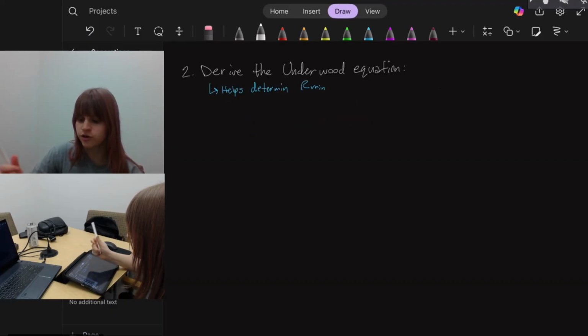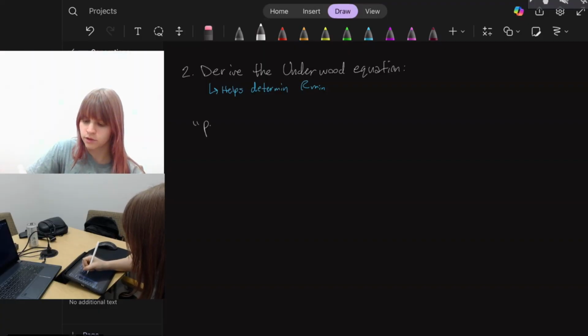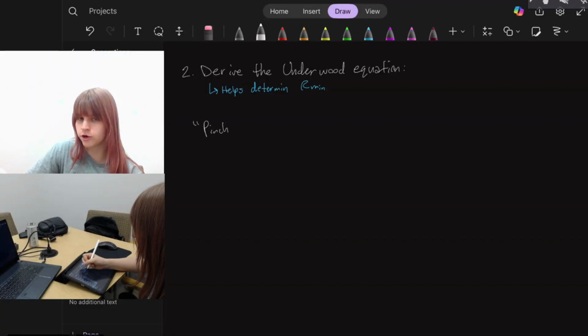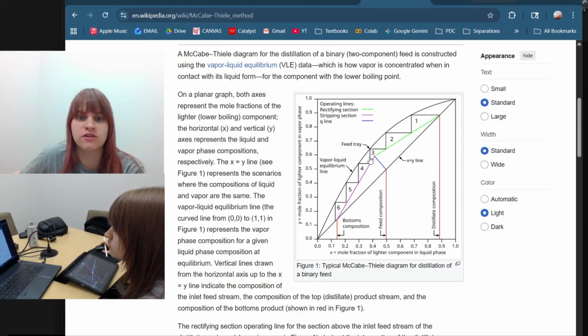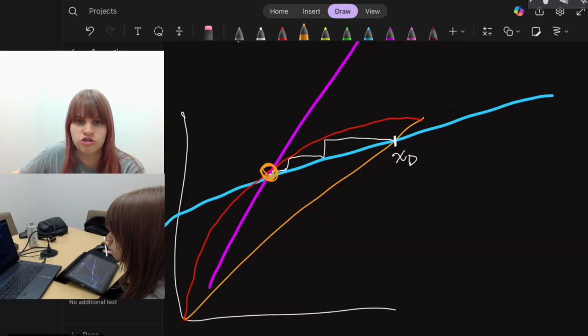So if you saw part B of this homework, towards the start of my graphing you would have seen a pinch. As you can see in this diagram from Wikipedia, this point where the Q line is and the rectifying and stripping lines connect is far enough away from the equilibrium curve that you don't get a pinch.